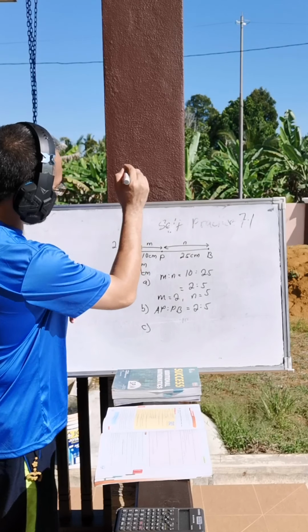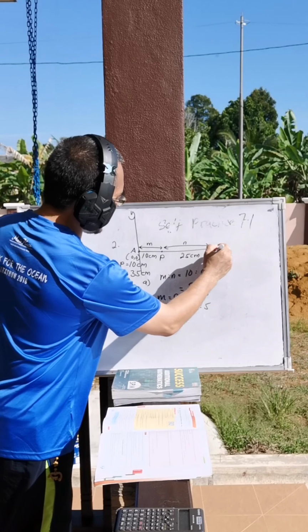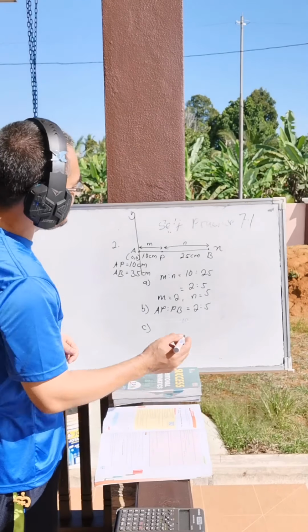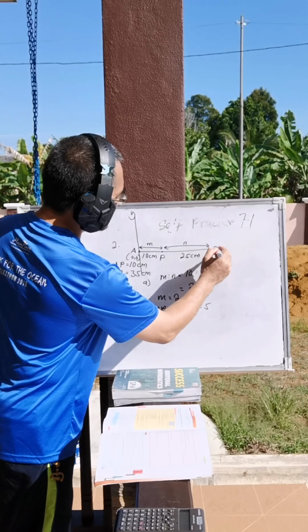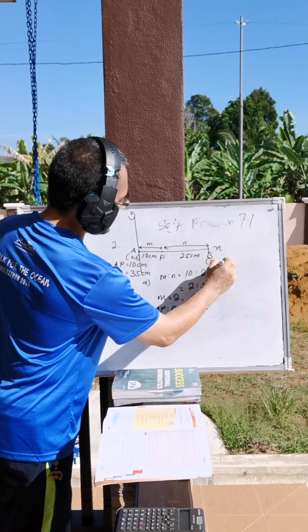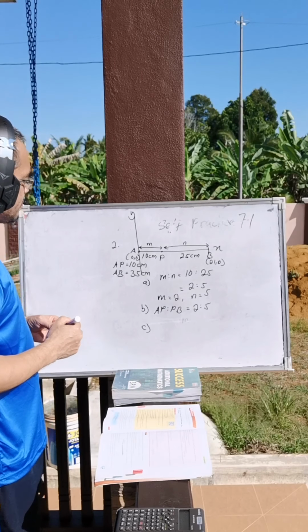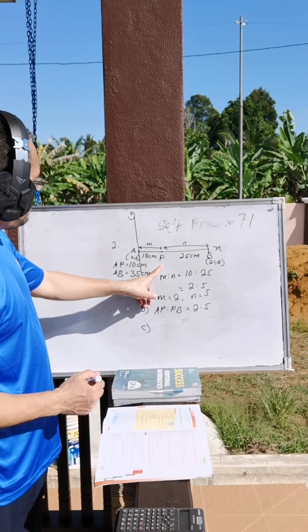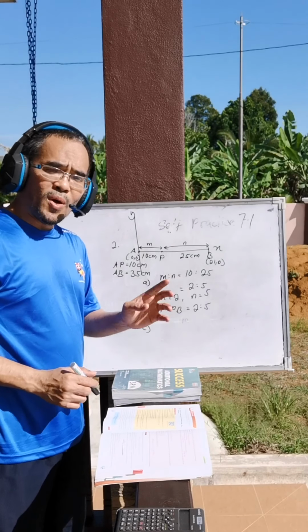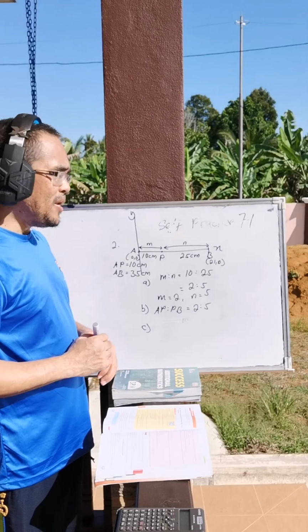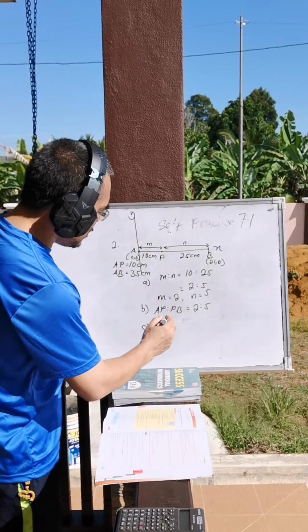So the y-axis will be there, this is the x-axis, and the coordinate of B is (21, 0). So what is the coordinate of P? For this one, we have a formula for the ratio.